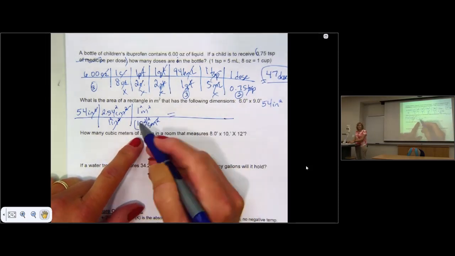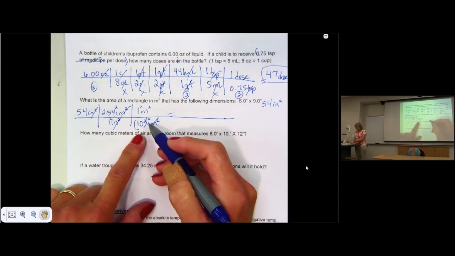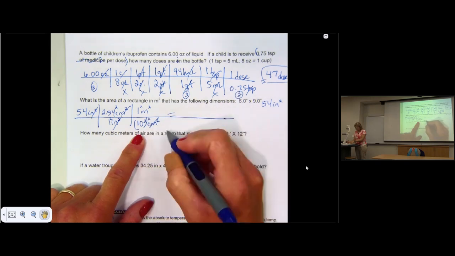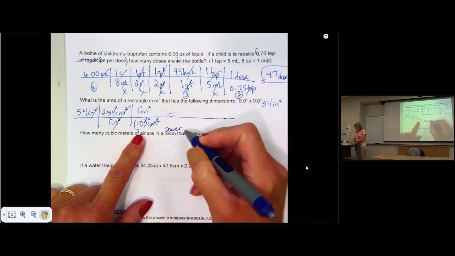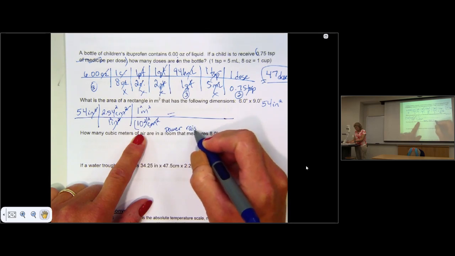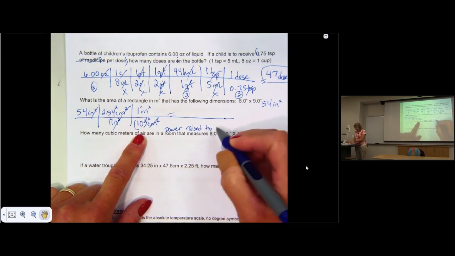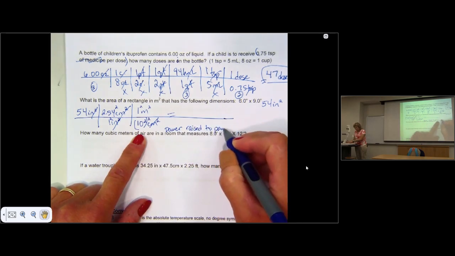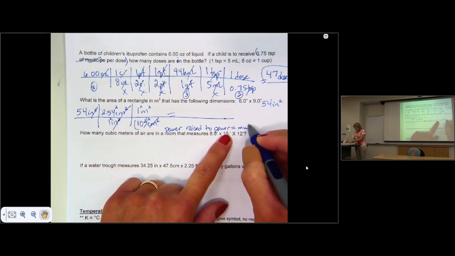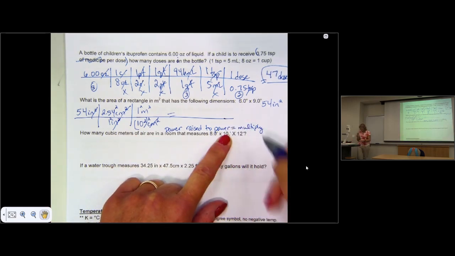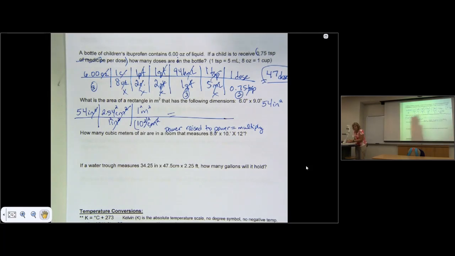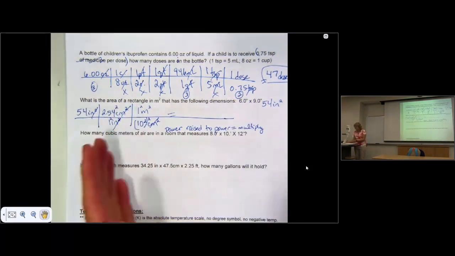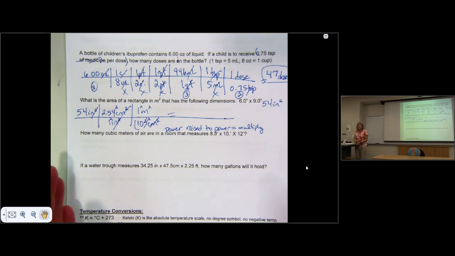How do you take care of a power to a power? You multiply. Power raised to power, multiply. If you need to write more words than I wrote, please write more words than I wrote. But a power raised to a power is multiplied.